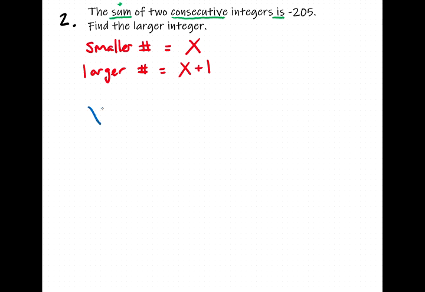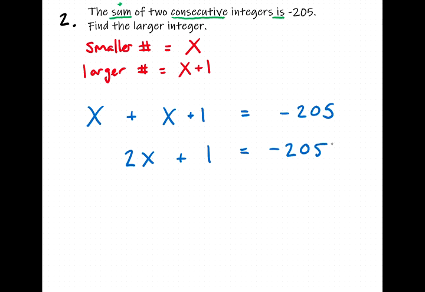So smaller number, x, plus larger number, x plus 1, equals negative 205. Well, we have x plus x, so we have two x's on the left, so we could call that 2x plus 1 equals negative 205.